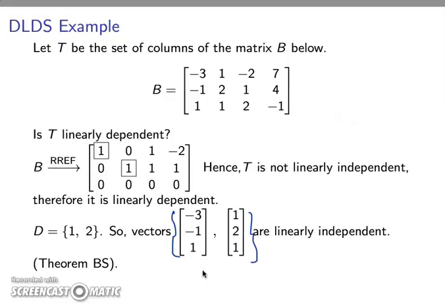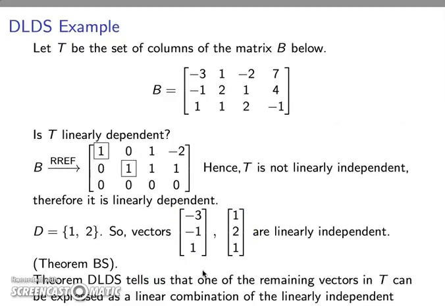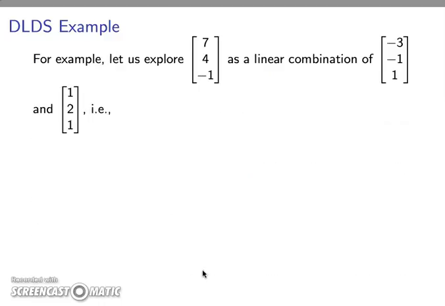So T has 4 members, and if we wanted to make use of the theorem, we can find a vector that can be expressed as a linear combination of the linearly independent vectors. So that's the motivation here.